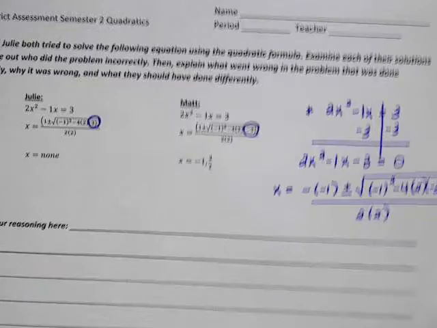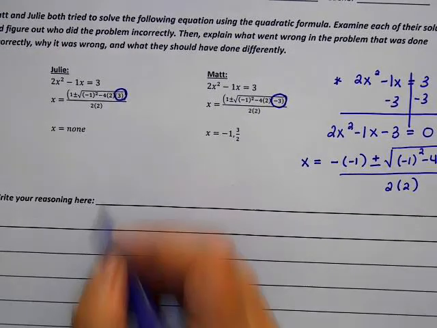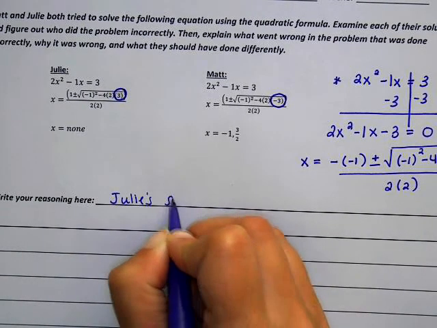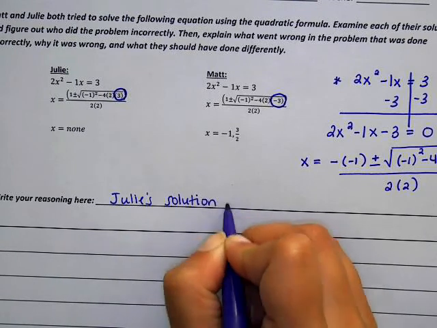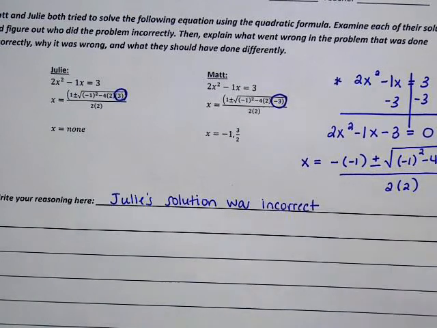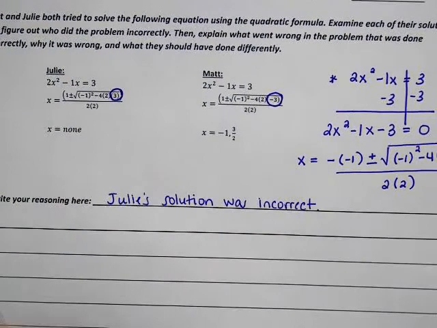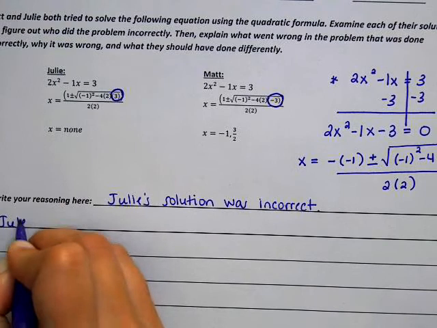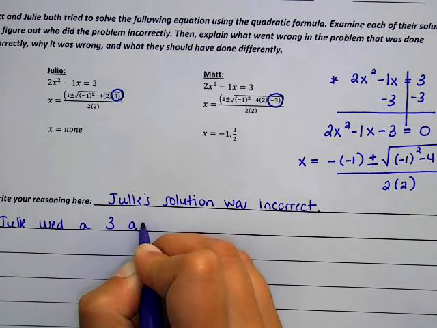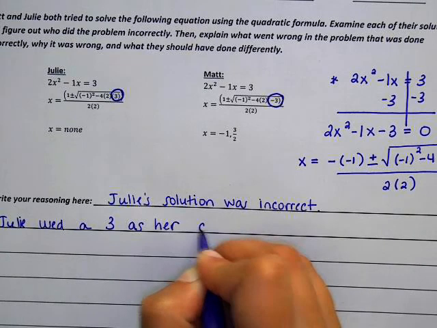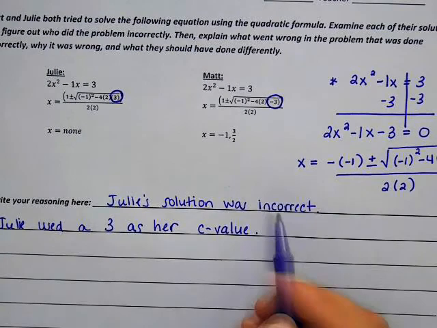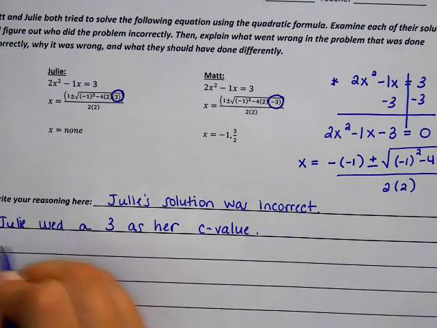When I write these sentences, the first sentence always says who was wrong. So we would say Julie's solution was incorrect. Then we have to say what was wrong. So we would say Julie used a 3 as her C value. That was wrong. So what should she have done?